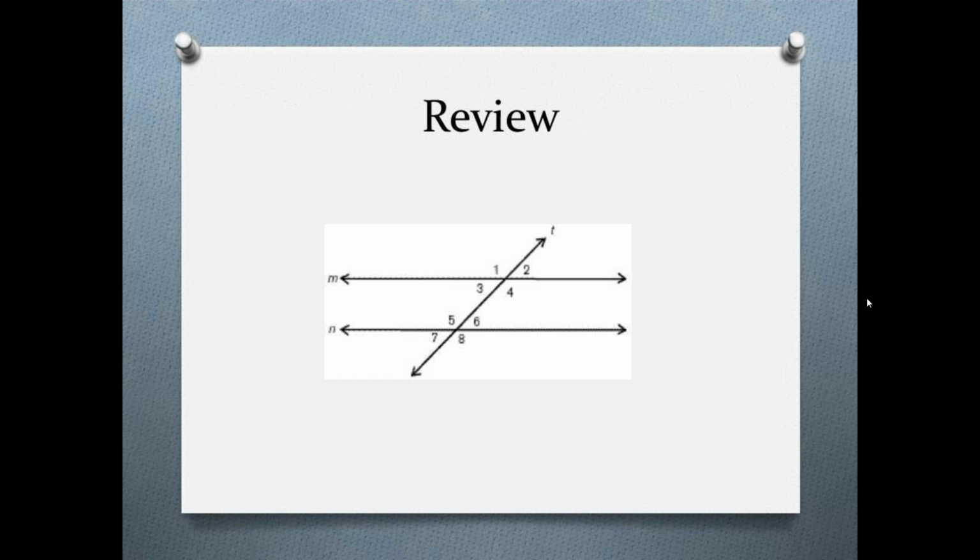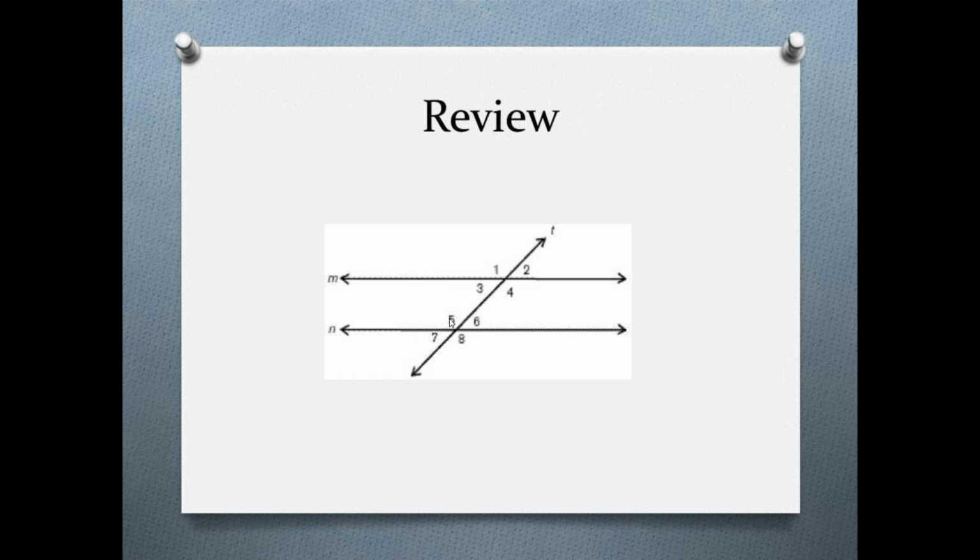Alright, here we just want to review the different pairs of angles and their locations. So alternate exterior, angle 1 and angle 8. Angle 2 and angle 7. Alternate interior, angle 3 and angle 6. Angle 4 and angle 5.